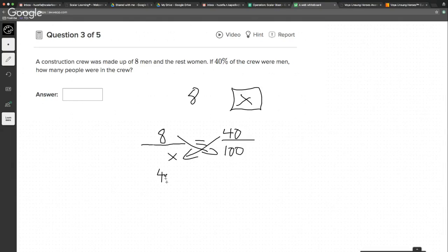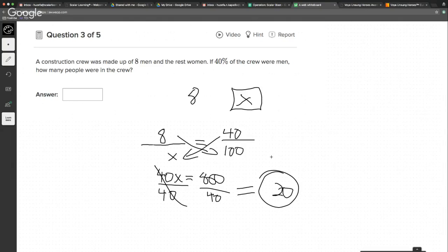Here we get 40x. Here we get 800. And then we divide by 40. 800 divided by 40 is 20. So that means there are 20 people in the crew. There happen to be 12 women, but we don't care because they're not asking that.